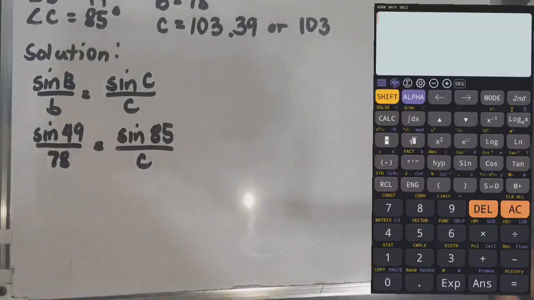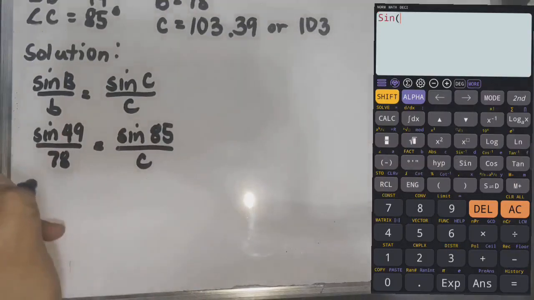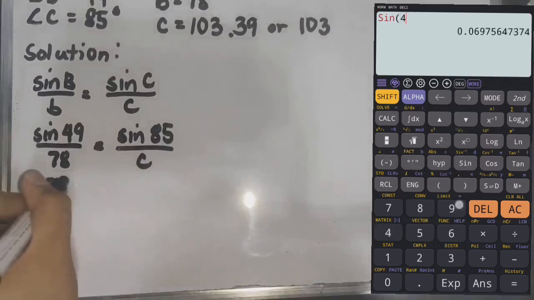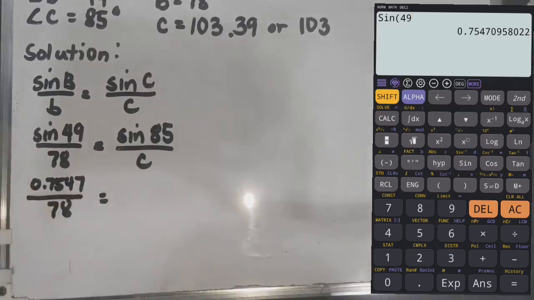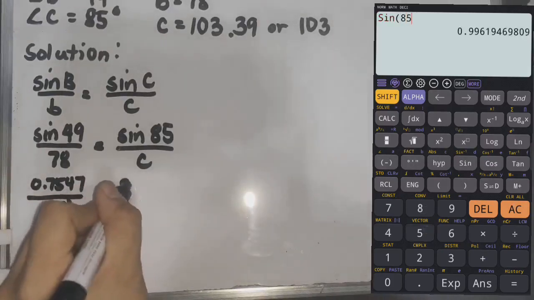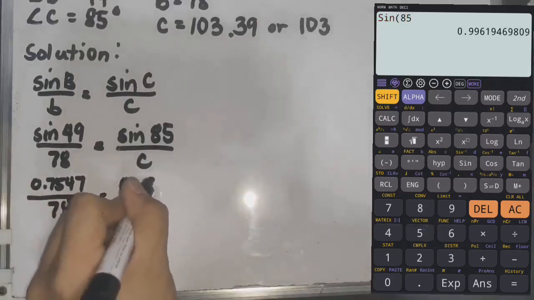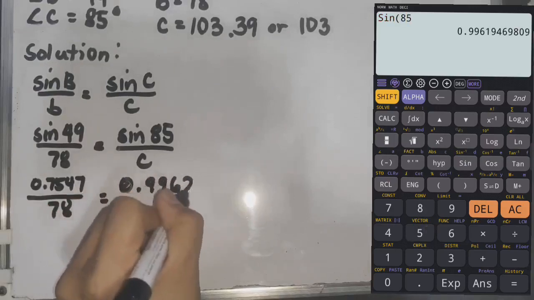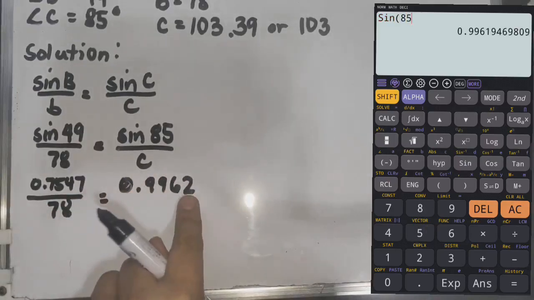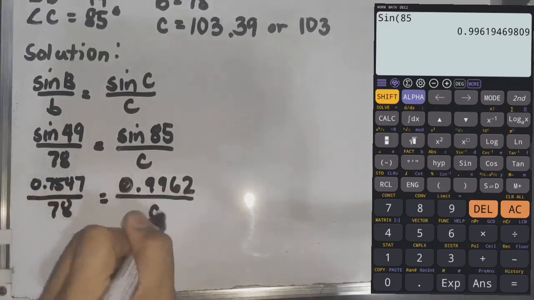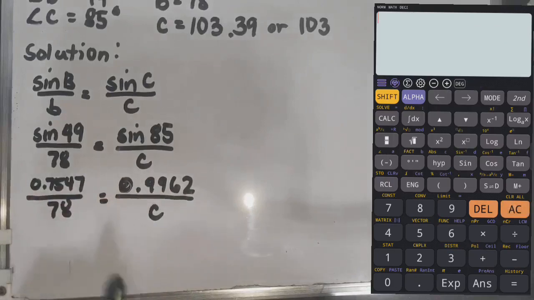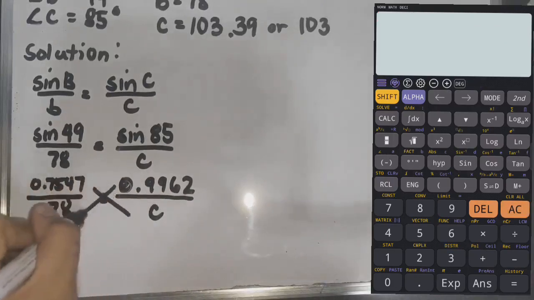Then, kukuhanin natin yung kaniyang value. So, what is sine of 49? 0.7547 over 78 equals, so sine of 85 degrees is 0.9962. Bakit naging 2 yun? Kasi ang katabi nung 1 is 9, kaya ni-round off natin, over C. Dito, pwede na tayong magdiretso sa cross multiplication.